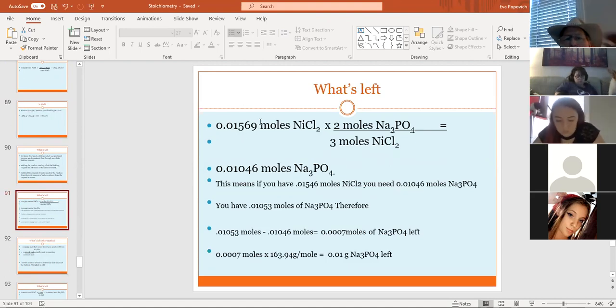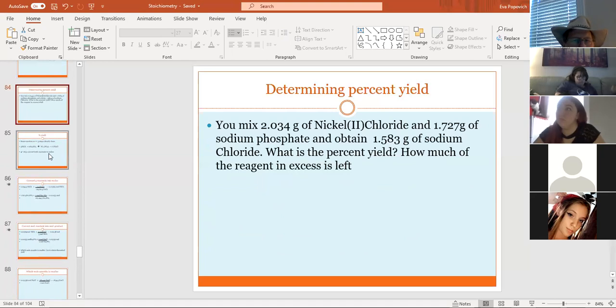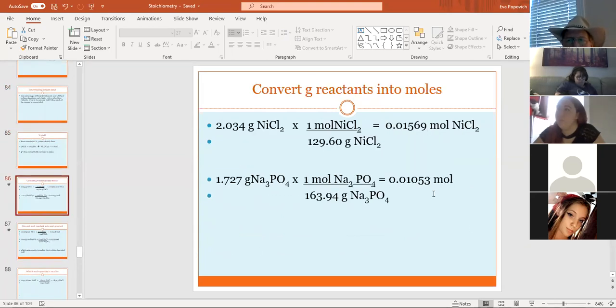So I have my limiting reagent amount. I multiplied that by the molar ratio. This meant that I had to use up 0.01046 moles of the sodium phosphate. When I originally did the calculation of sodium phosphate, I had 0.01053 moles of sodium phosphate, but I only used 0.01046.